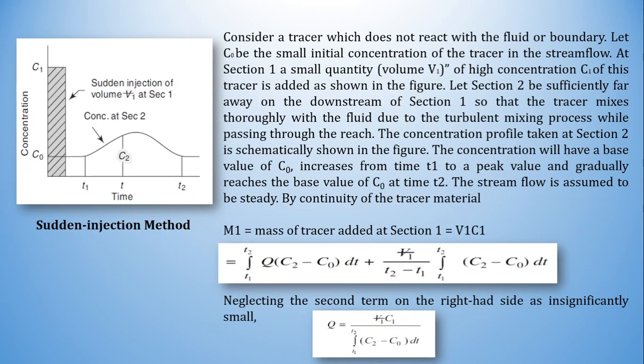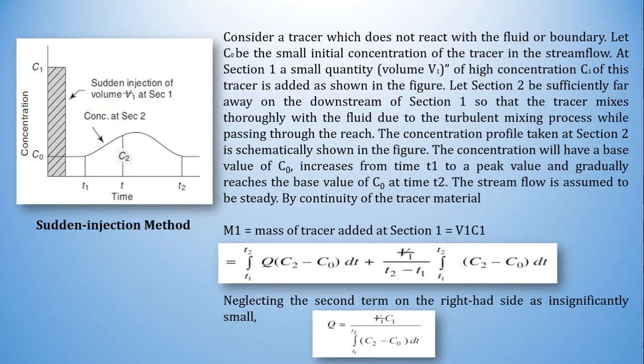So we will see the sudden injection method first. Just look at the figure. In the figure, the concentration of the tracer with respect to time is given for sudden injection of volume V1 at section 1, and the concentration at various times at section 2 is shown.